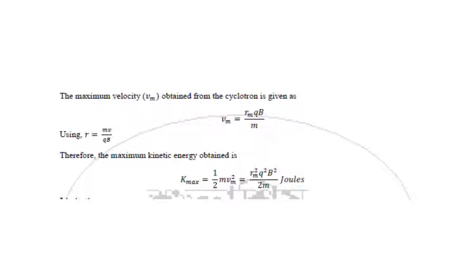If q is known, m is known, and the applied field is known, then just by calculation of R, you can get an idea of what maximum velocity and maximum energy can be obtained in this case.